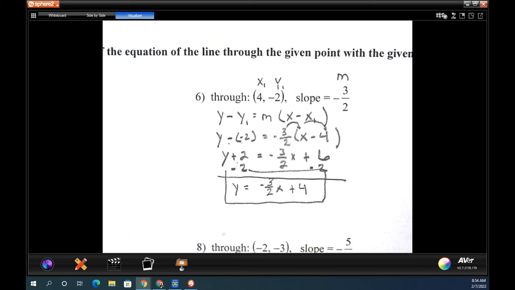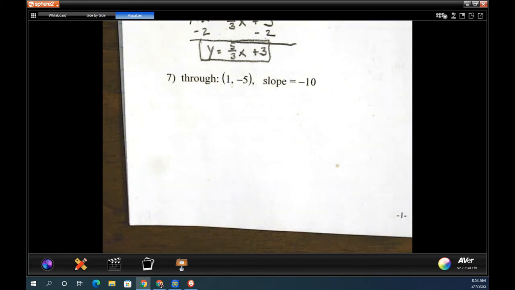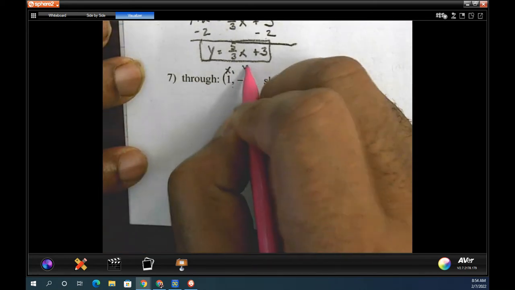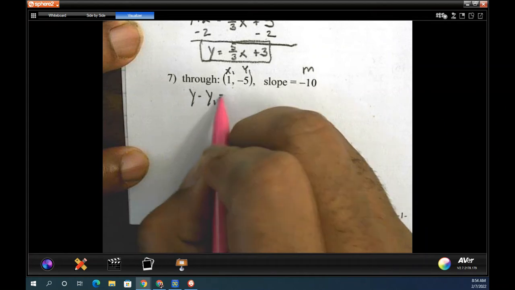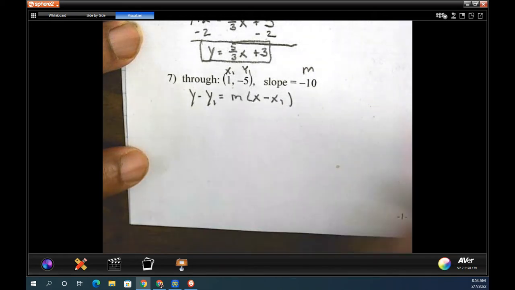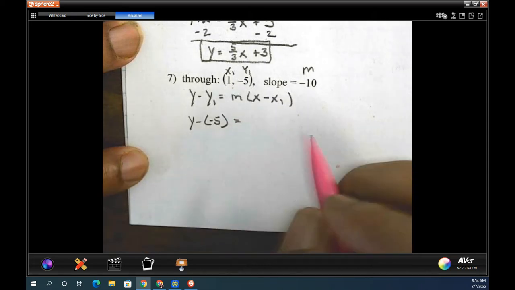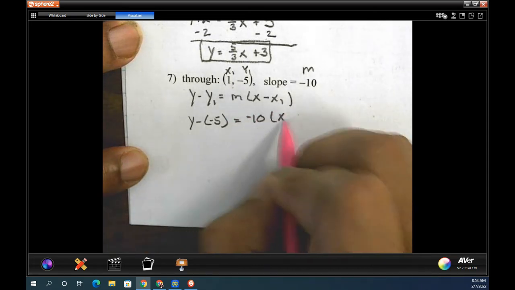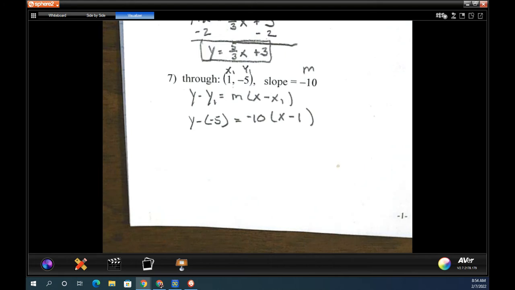See if you can set up number 7. Can we get that far? That's how you set it up.